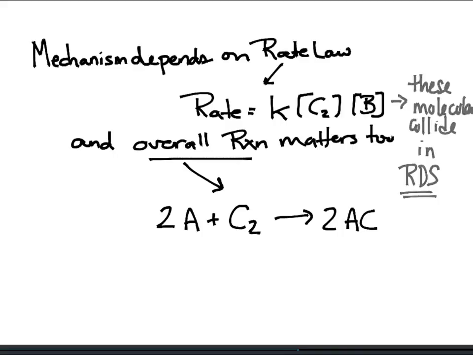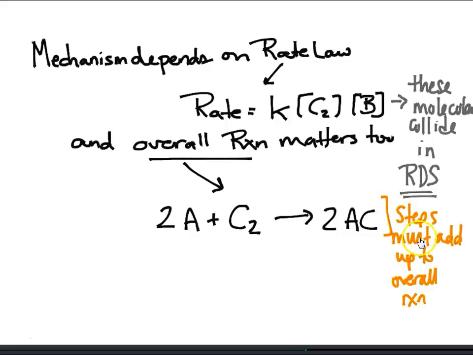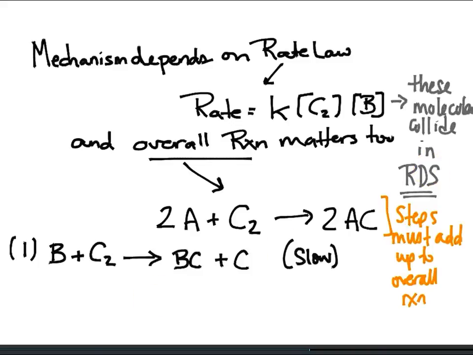So if you look at the observed rate law, it's first order in C2 and first order in B, which means that those 2 molecules must collide in the rate determining step of my mechanism. And the overall reaction is important because the individual steps in my mechanism must add up to the overall reaction. So I'm going to write this mechanism.